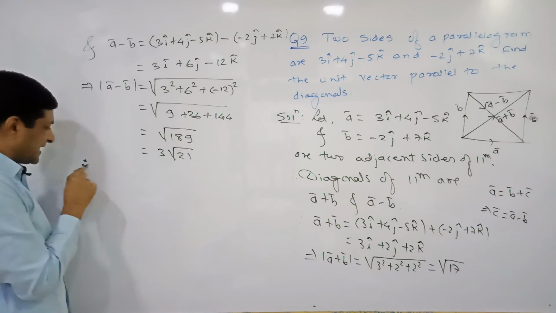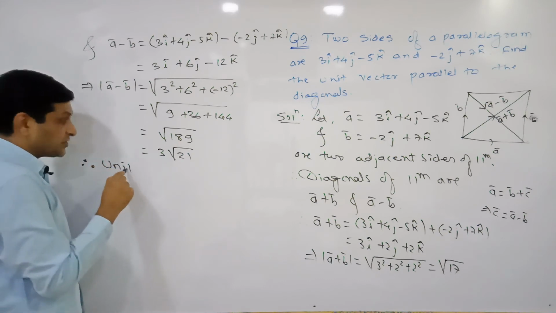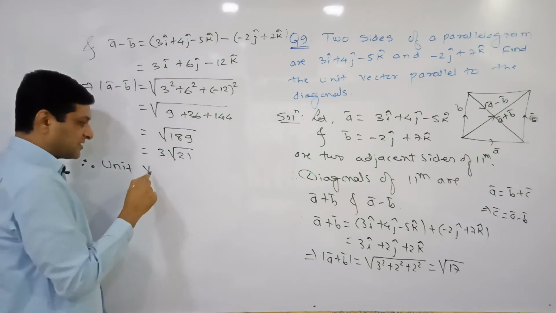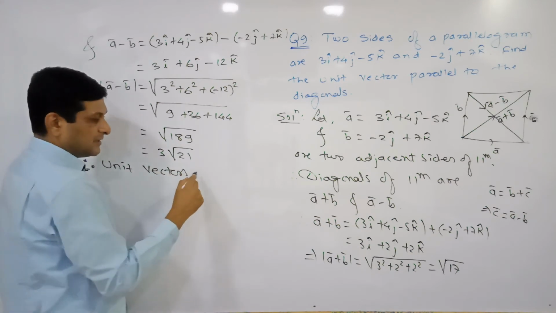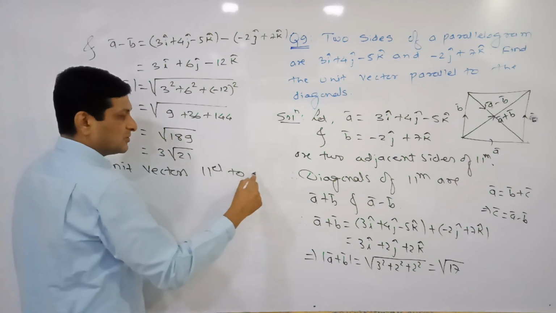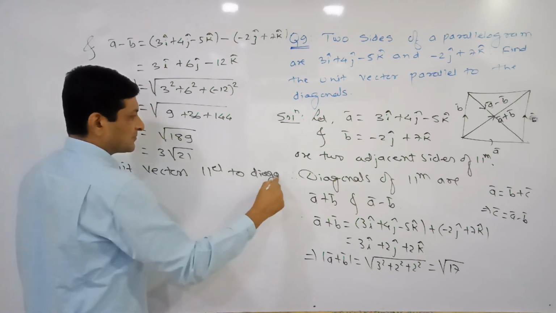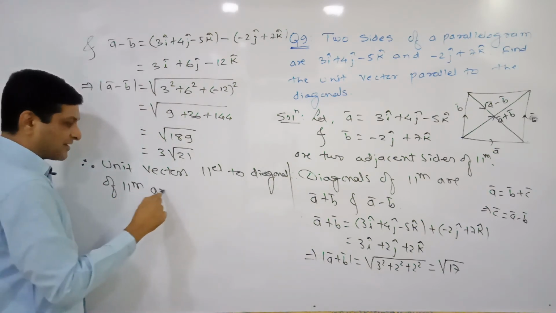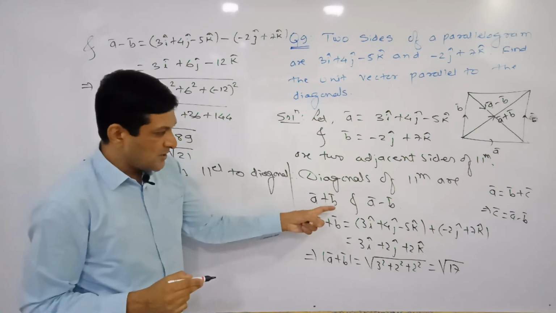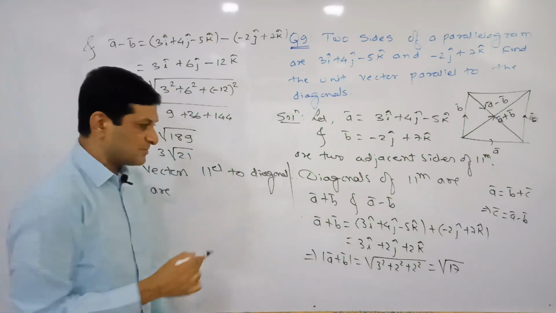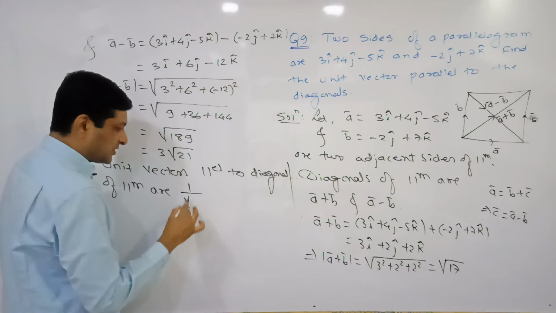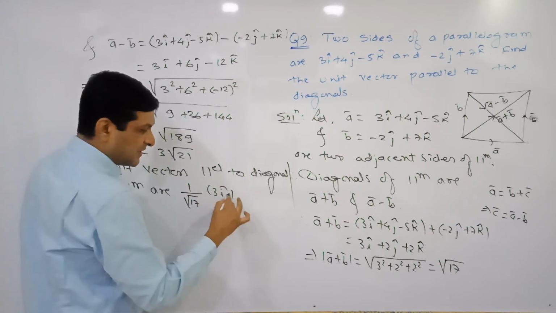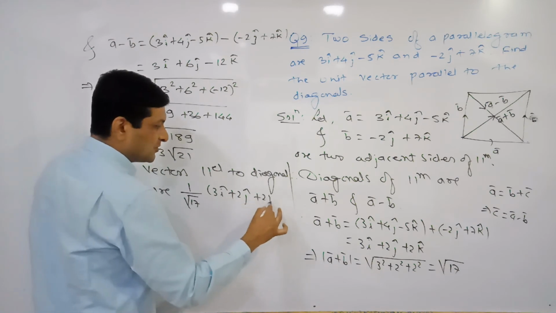So therefore, the question is to find the unit vectors parallel to the diagonals of the parallelogram. The first is A bar plus B bar divided by its magnitude, meaning 1 upon root 17 into 3i cap plus 2j cap plus 2k cap.